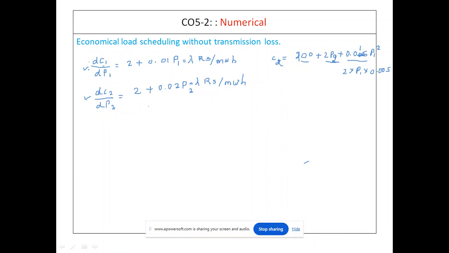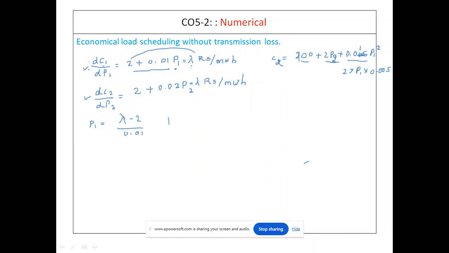This is the incremental cost. From this equation, I can write P1 equal to lambda minus 2 divided by 0.01, taking the 2 on the other side.